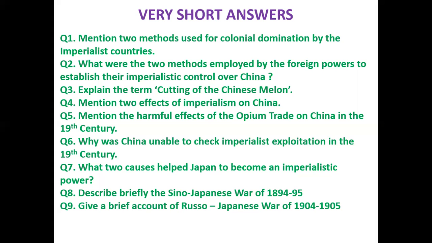Question 8. Describe briefly the Sino-Japanese War. The Japanese learned everything possible from the Western countries. The love of the emperor and country was used to promote a spirit of imperialism among the masses. Japan became a warlike nation eager to conquer and rule the world.